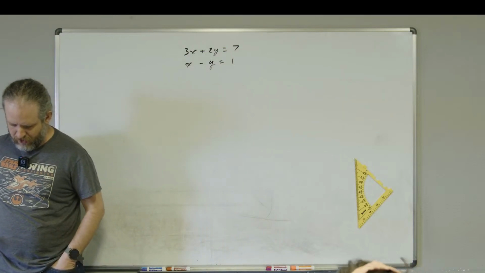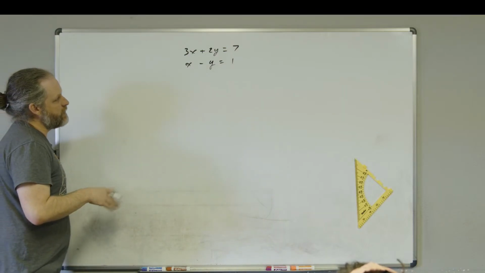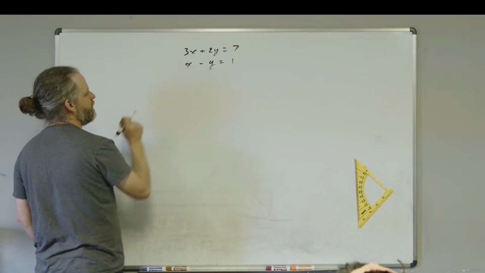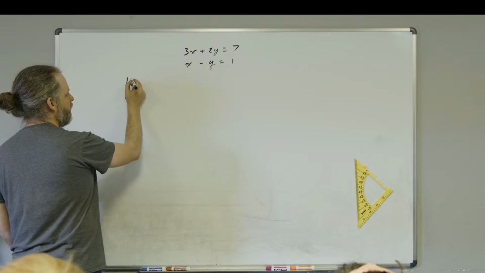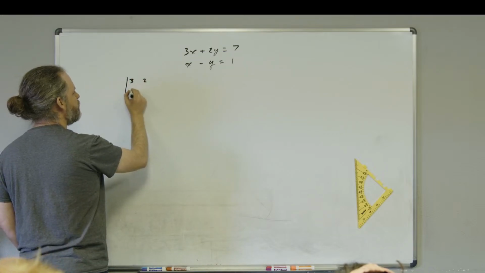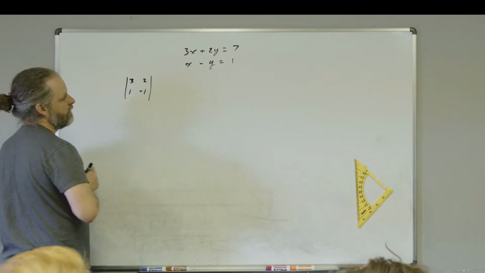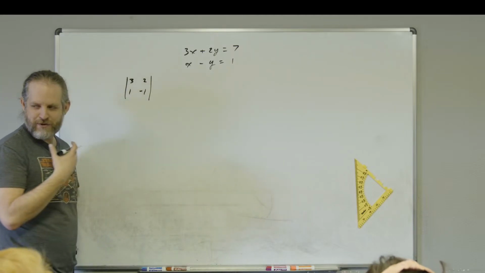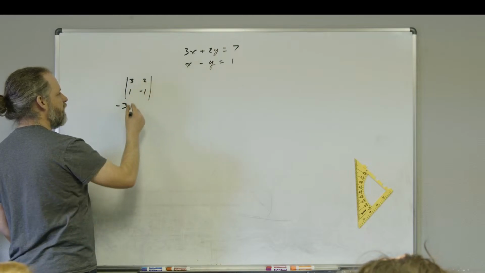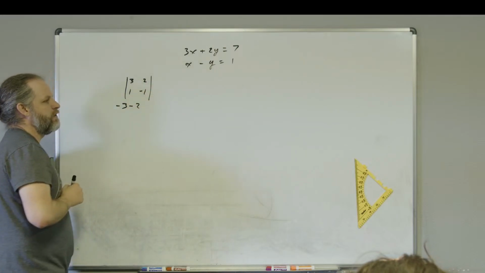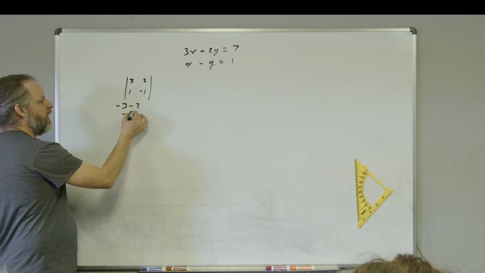So, step 1 is finding the determinant of the coefficient matrix, because we're going to need that in a minute to do the inverse. So find the determinant of the matrix 3, 2, 1, negative 1. To find the determinant of a 2 by 2 matrix, we just remember we do the down diagonal minus the up diagonal, multiplied in both cases. So negative 5.